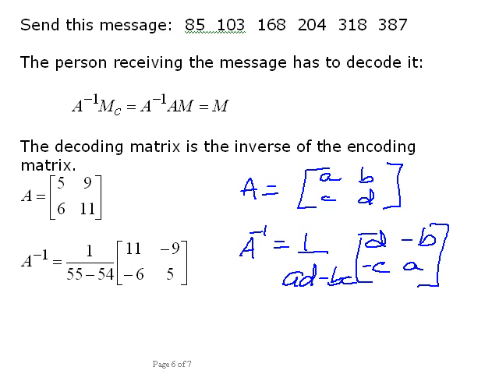So that would be the inverse matrix. What we have already is that AD is 55 and BC is 54, so that's taken care of. Now the 5 and the 11 switch, and then the 9 and the 6 change sign, and that's my inverse matrix.